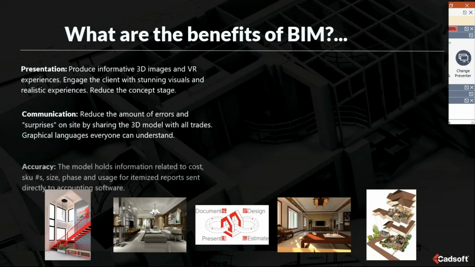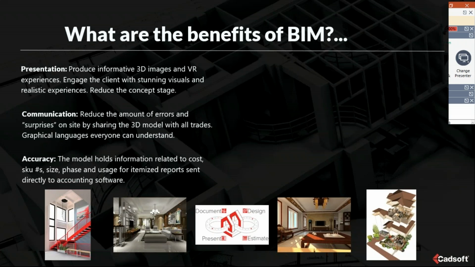And accuracy. The BIM model that you use should be able to hold cost information, SKU numbers, size, phase of construction, usage information about every single part that goes into that model. So if you're building a residential home and you're showing the floor, it should know that it has floor joists. And those floor joists are, let's say for an example, a 2x12.